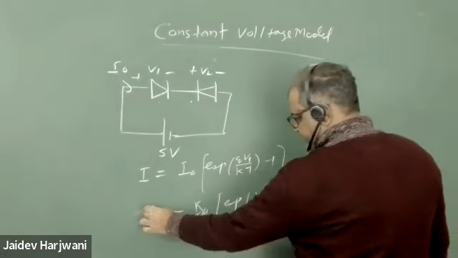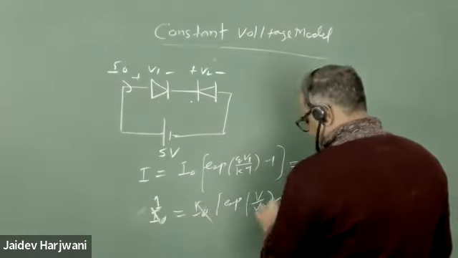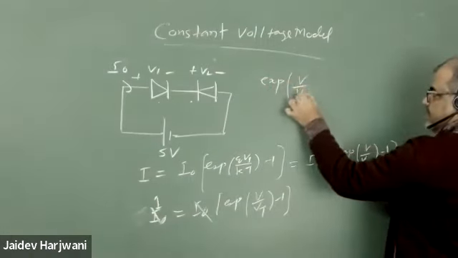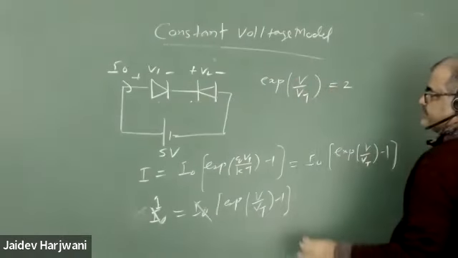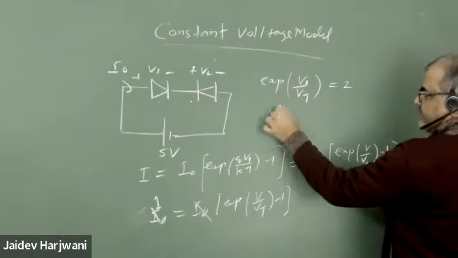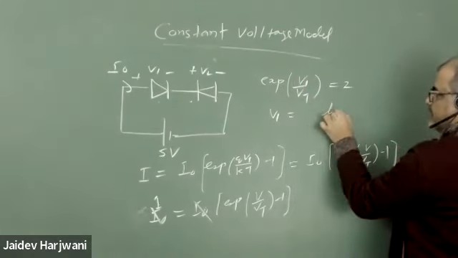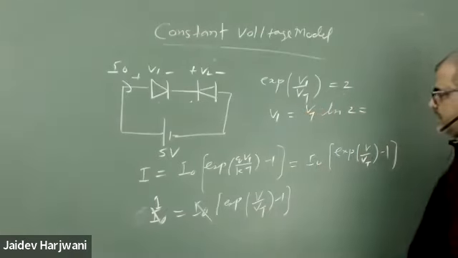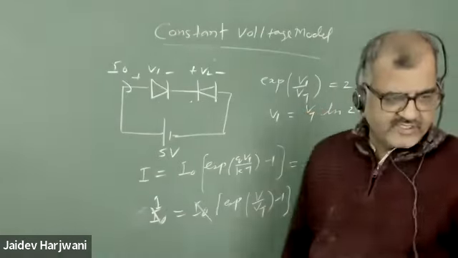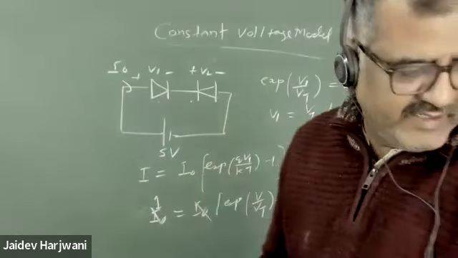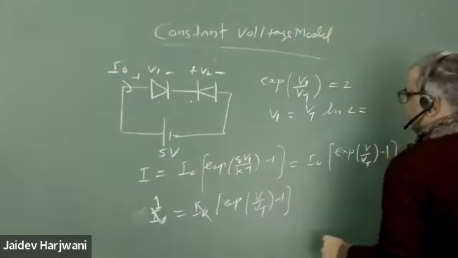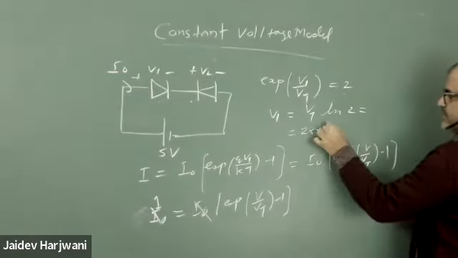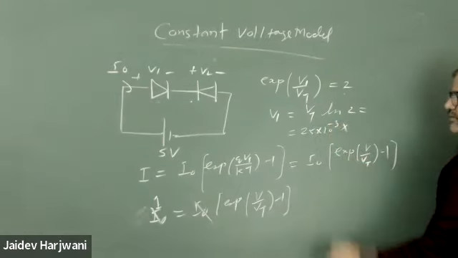This cancels and becomes 1, and the 1 from here goes across, so exponential V upon Vt equals 2. So V1 is ln 2 into Vt. Vt at room temperature is 25 milli electron volt, or 26, but I'm using 25 here. So 25 into 10 raised to power minus 3. And what is the value of ln 2?